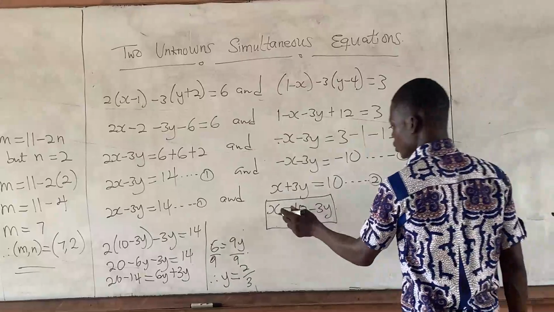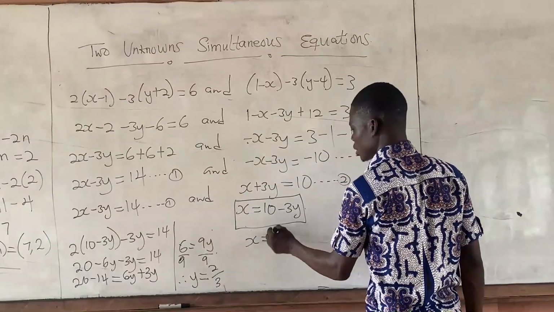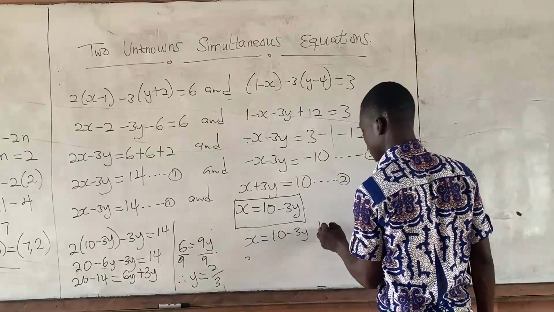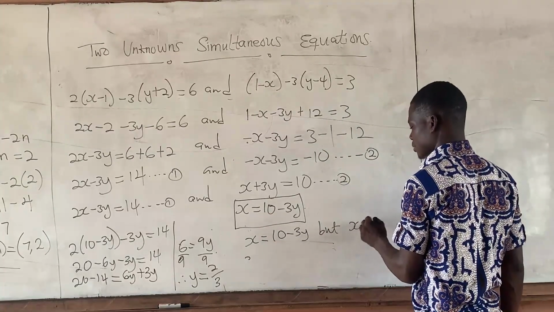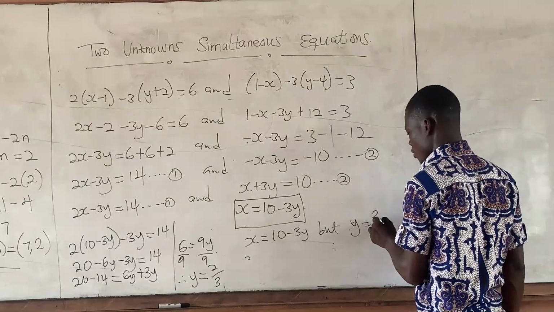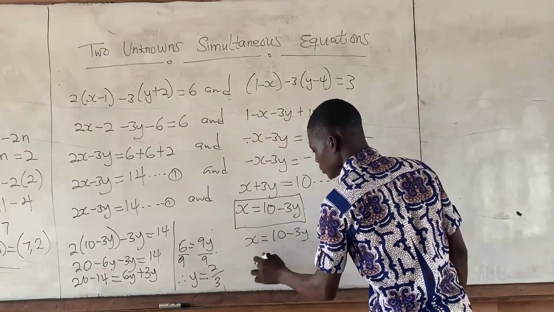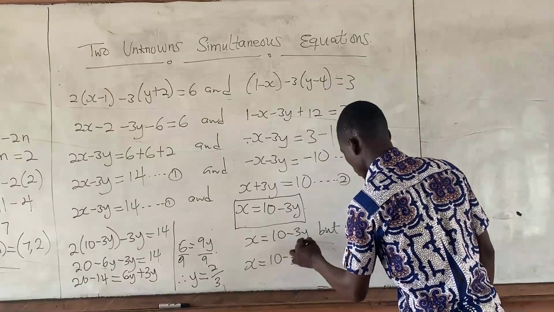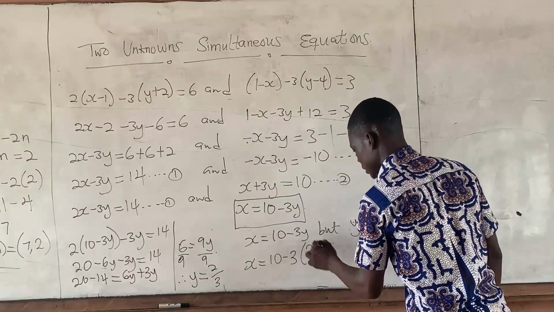Now let's solve for x. We know that x is equal to 10 minus 3y, and y is equal to 2 over 3. So x is equal to 10 minus 3 times 2 over 3.